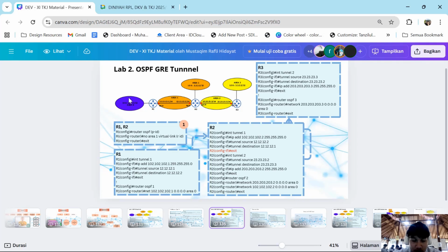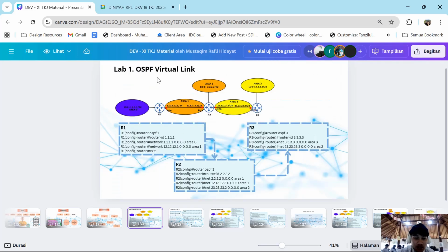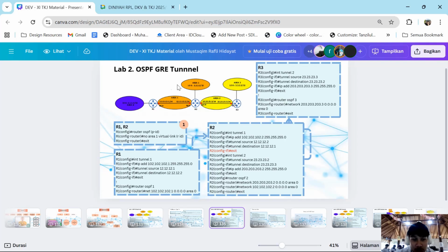By the way, before what I have told you, all of these routers can run the OSPF protocol if they are not connected with the backbone area. So what should I do? It's similar to the virtual link before, but a bit different from a tunnel. With a tunnel, each area has its own tunnel.